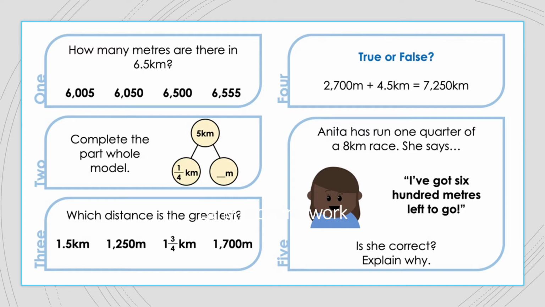Number 3. Which distance is the greatest? Remember what the word greatest means? Okay, so you've got 1.5 kilometres, 1,250 metres, 1 3/4 kilometres, and 1,700 metres.